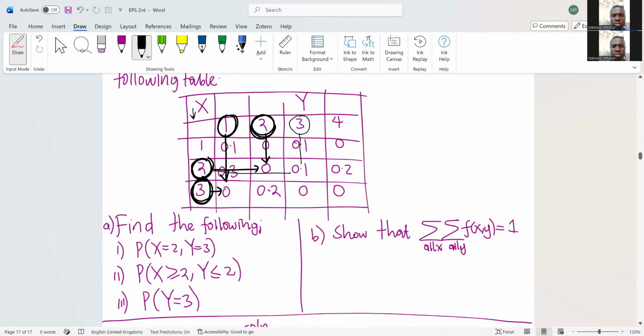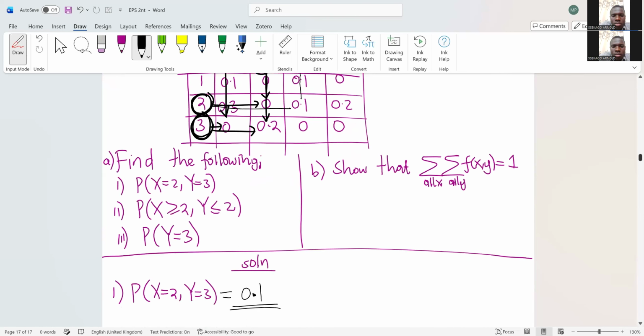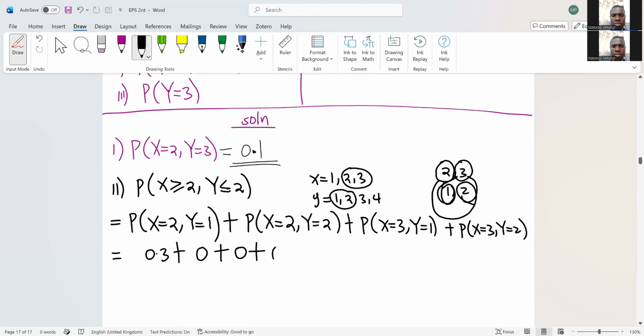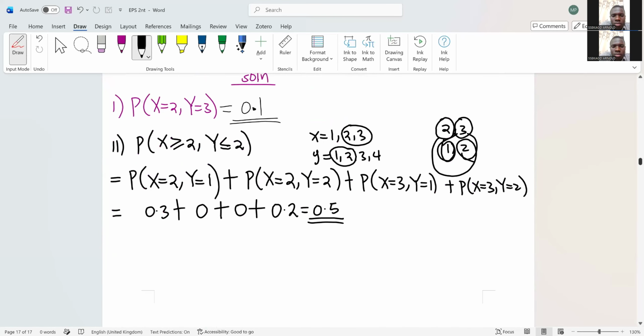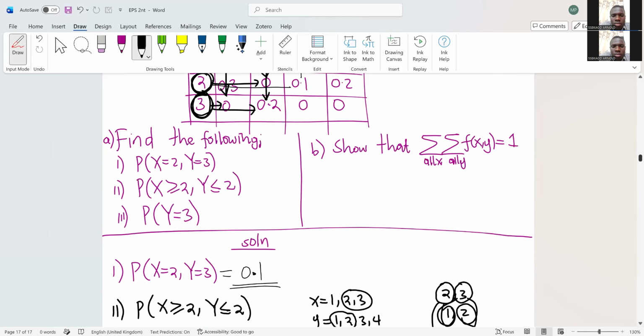X is 3 is here, y is 2 is there up. When you correspond, there is a 0.3. This is 0.2, sorry. And adding, we get 0.5. As simple as that. Then, part 3, probability of y equals 3.